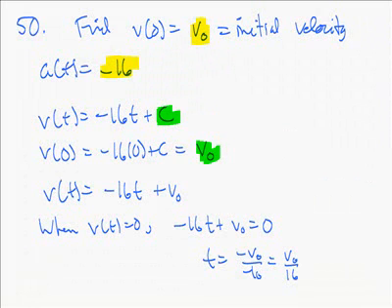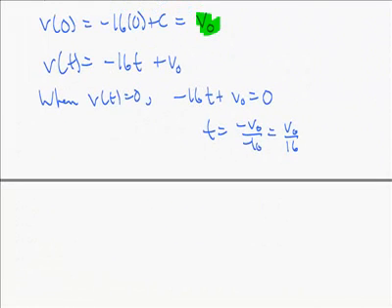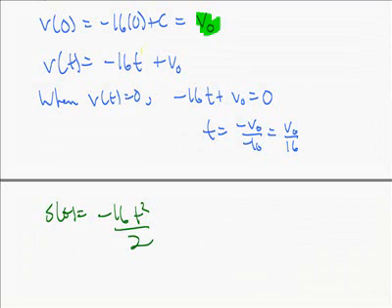Alright, so let's work off of that velocity function, v of t, to get our position function, s of t. s of t is going to be the antiderivative of the velocity function, which is negative 16t squared over 2, remember, because the power on our variable t there is 1, plus the antiderivative of v naught, which is v naught times t, plus some other constant to get the most general antiderivative.